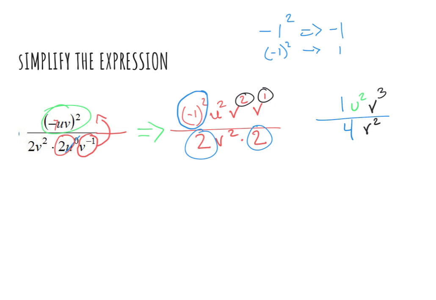So I end up with 1u squared because there's nothing else on the bottom. The 4, there's nothing else there. V is the only one that I need to deal with. So 3 minus 2 gives me +1. So it stays on the top. And this would be my simplified version of my expression.